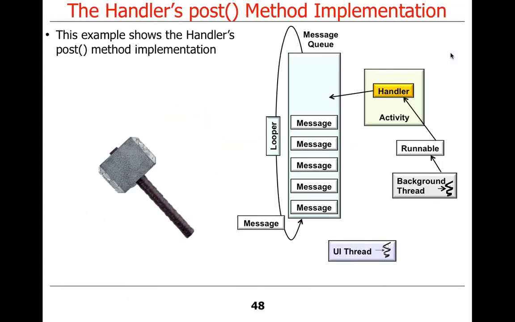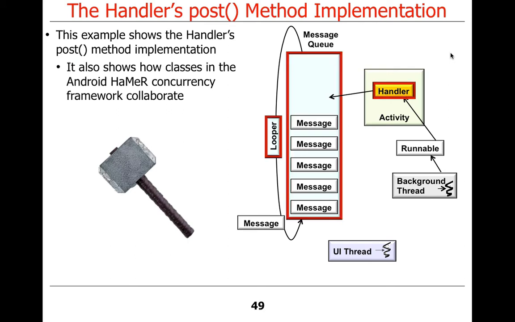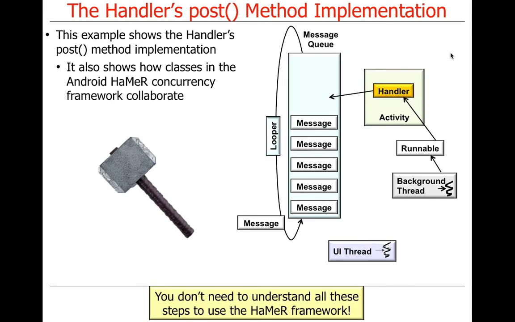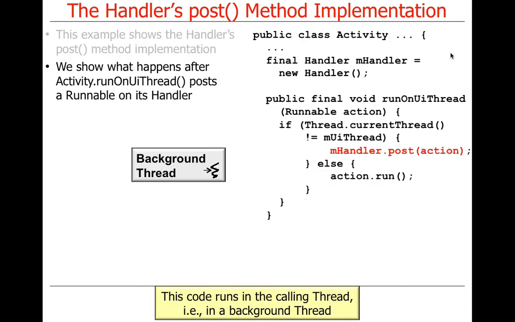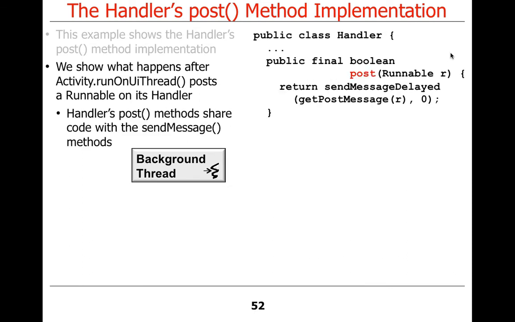Here's a little bit more detail about what things do under the hood. We're going to see what happens when all these things get called. When the activity's run on UI thread method gets called, that calls post. And here's what post does. Now we're peeking inside of the handler.